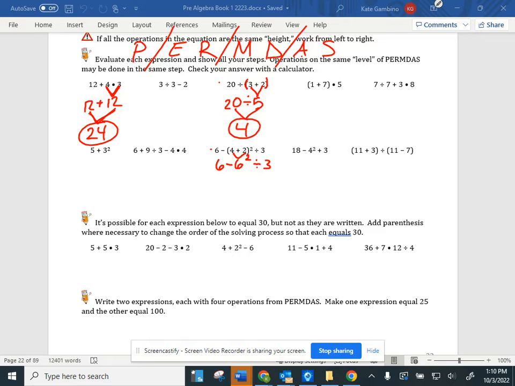So what is my next step? Emily. We don't have to add anything. What is the operation I need to do next? So we took care of parentheses.